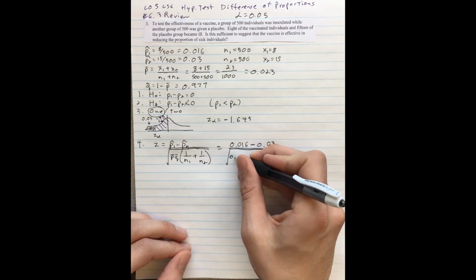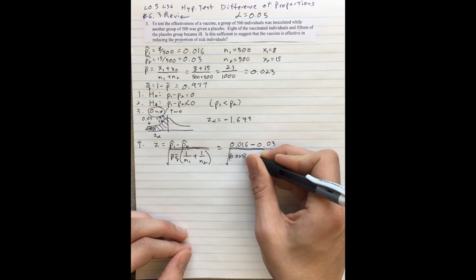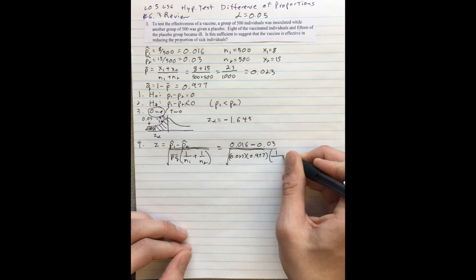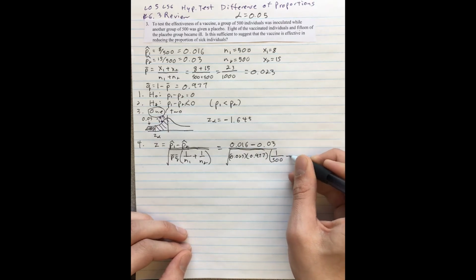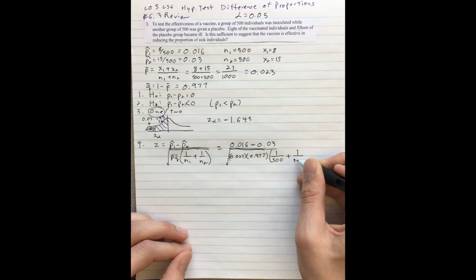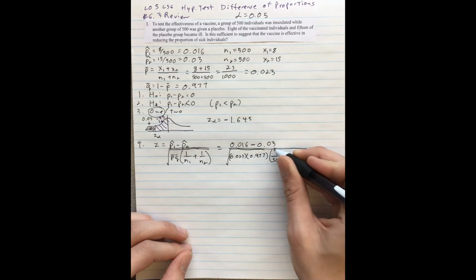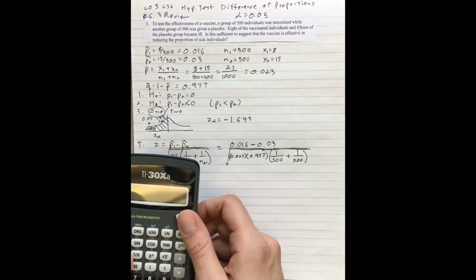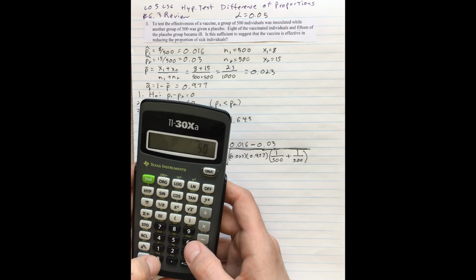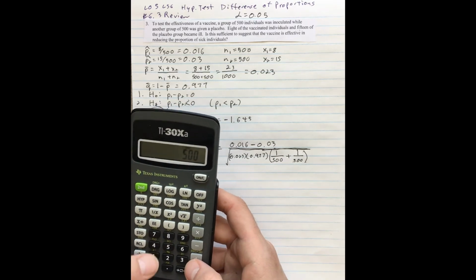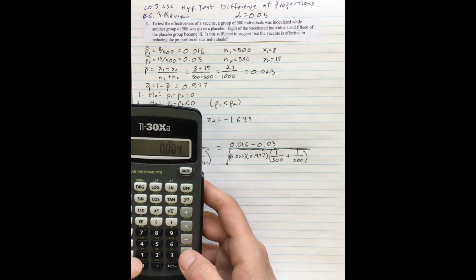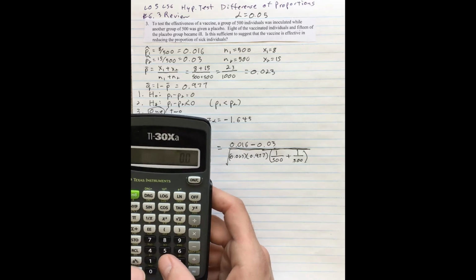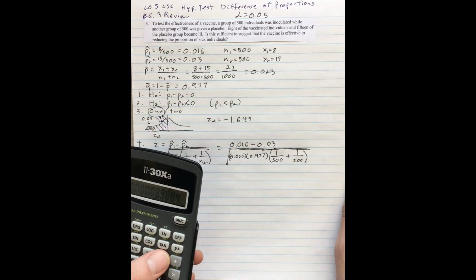So plugging the numbers in, 0.023 for P bar, 0.977 over here, 1 over N1, which is 500, plus 1 over 500. And that's still all under the square root sign, so you have to square root all that at the end. Hit the square root button.